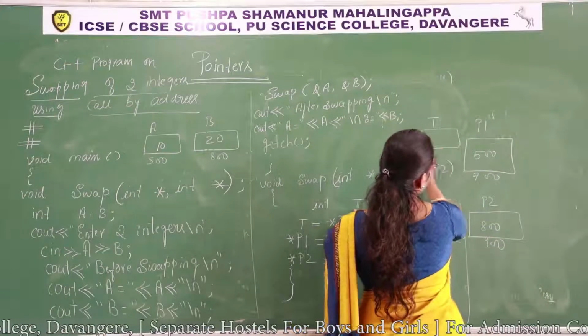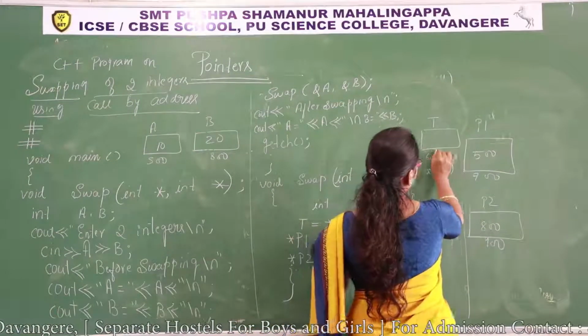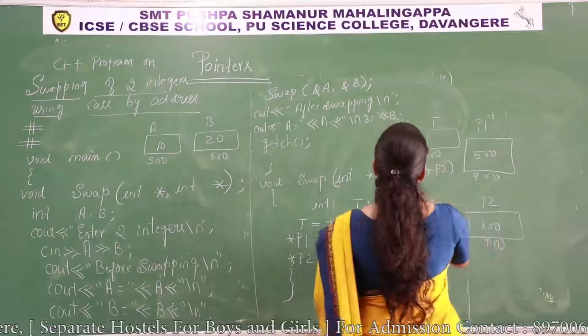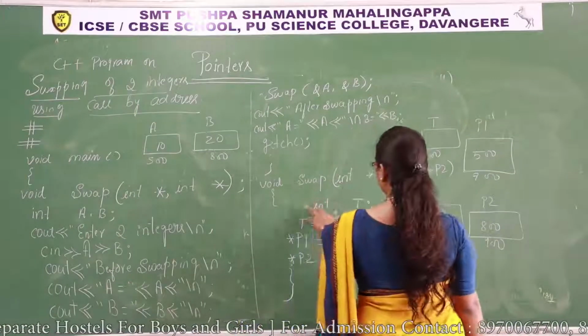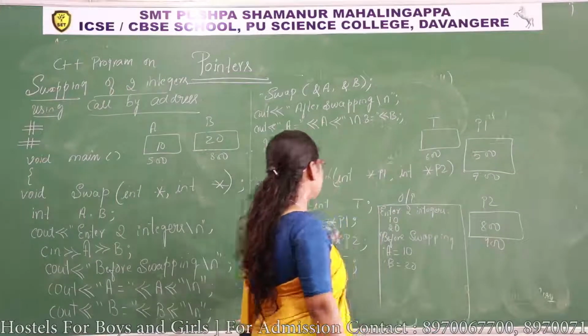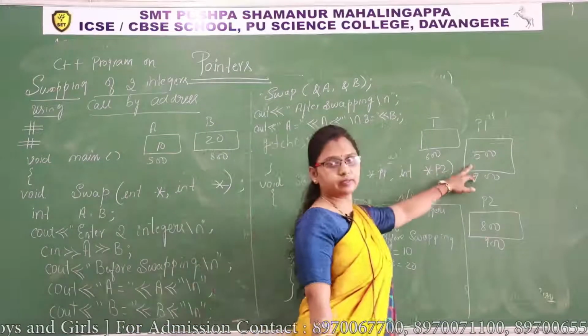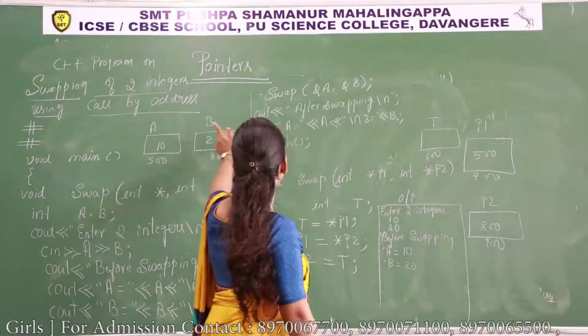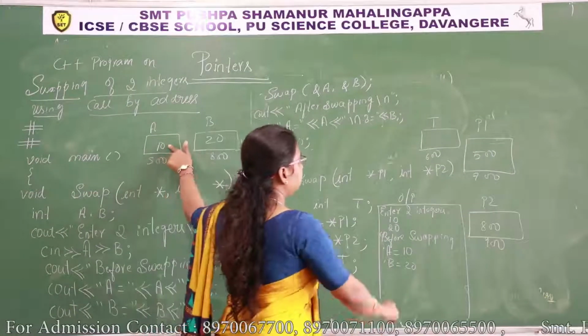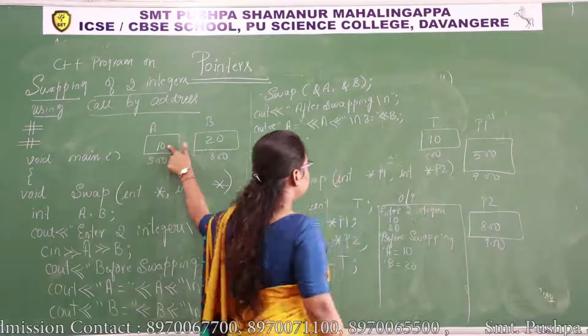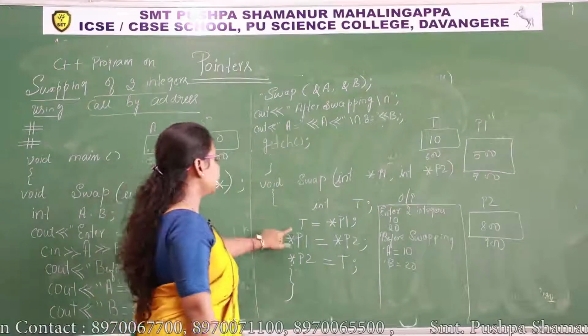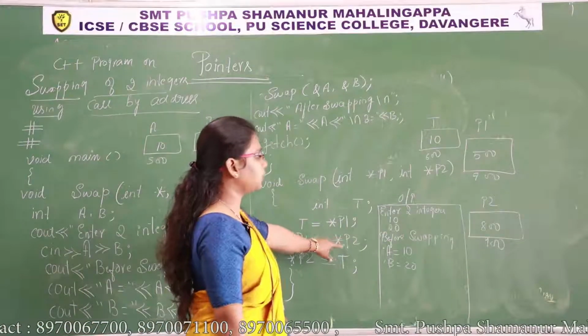This is an integer. For this also there is a memory allocation. Let us consider the address is 600. t is equal to star p1. p1 means 500. Star p1 means a, the value of a, 10. 10 goes to t.